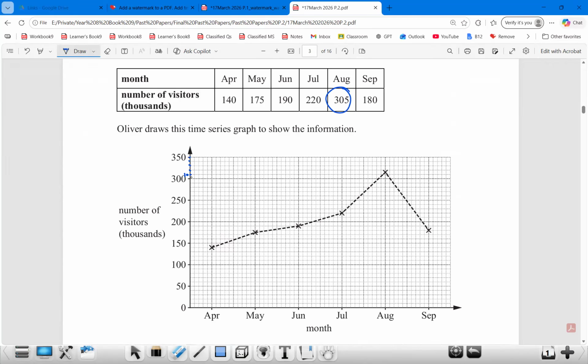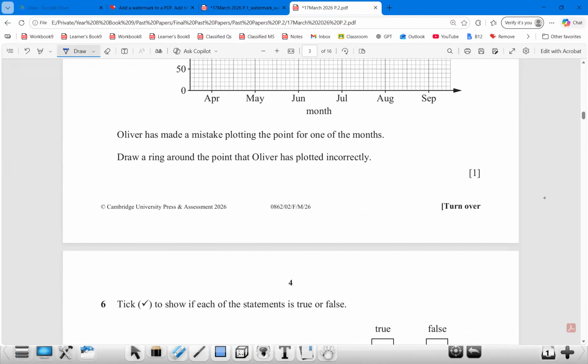So 305 is below the first small square that is on top of 300. 305 is between this line and the first square. It is in between them. It is here. So he put it one square further than where it was supposed to be. So this is the mistake. Draw a ring around it, they said to you.